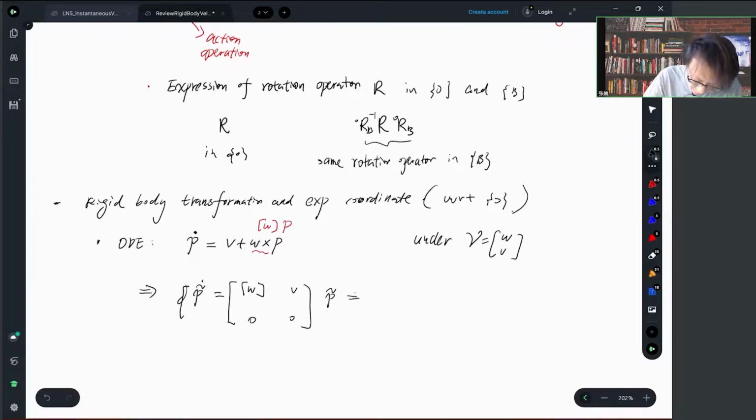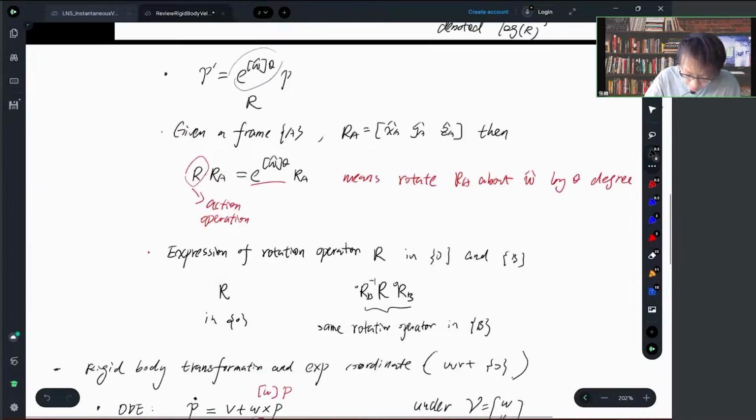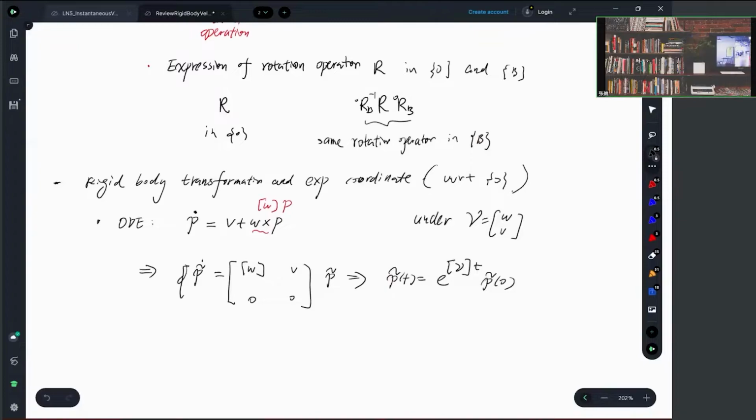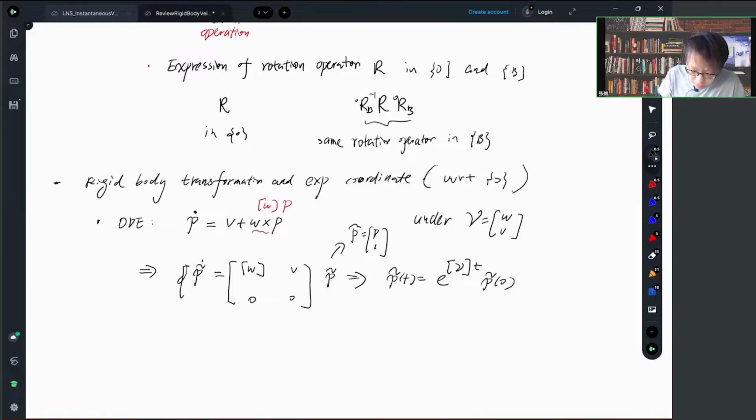Which is P tilde of T equal to the matrix exponential of this matrix representation of twist times T, times P tilde 0, okay? It's completely analogous to the rotation case. It just needs the homogeneous coordinate system, for which P tilde is P and 1, and P tilde dot is P dot and 0.